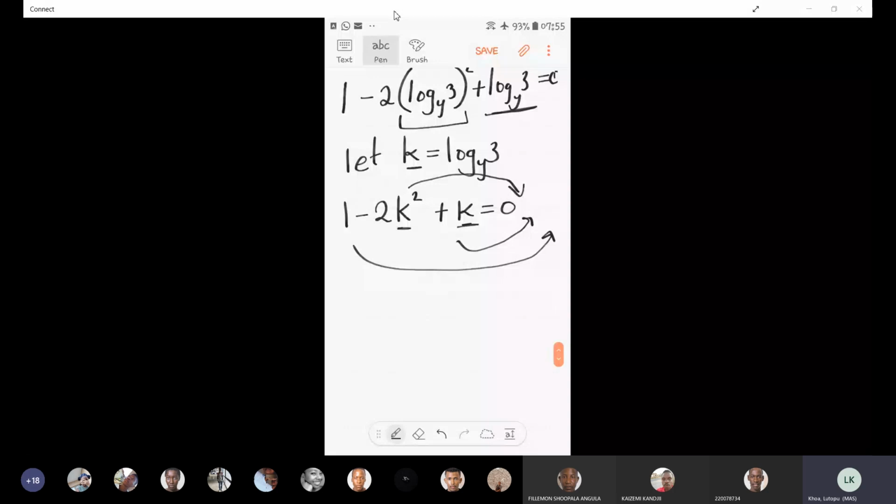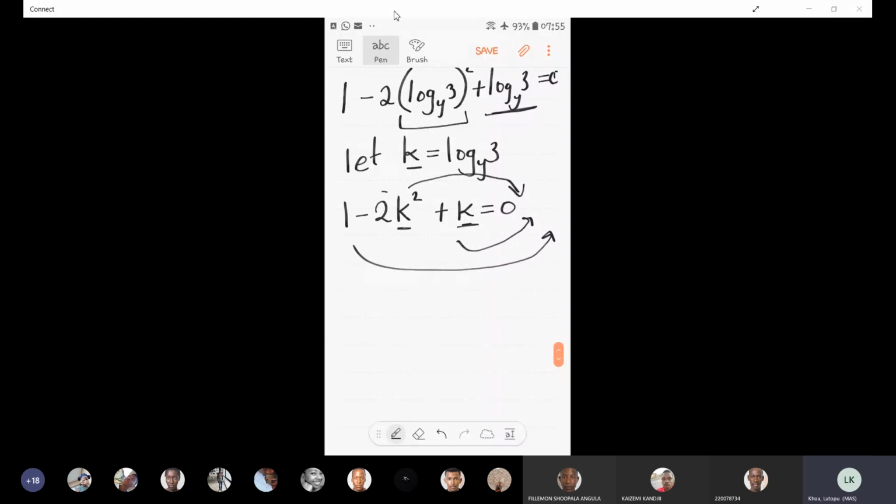The reason I'm doing that is I want the coefficient of k squared to be positive. So I have 2k squared minus k minus 1, and this is equal to 0.